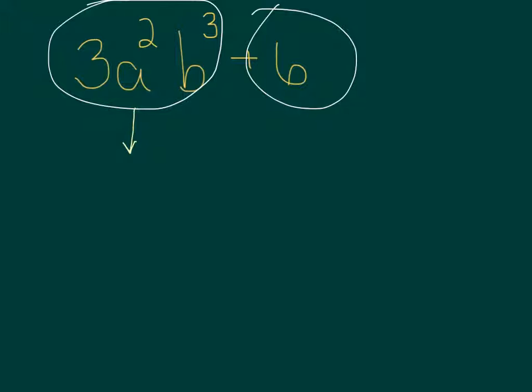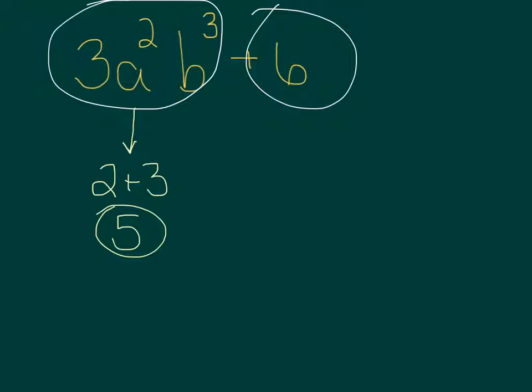So for this one, you add your exponents of 2 plus 3, and then that 3 up front has a 0. So the degree for this monomial is 5.